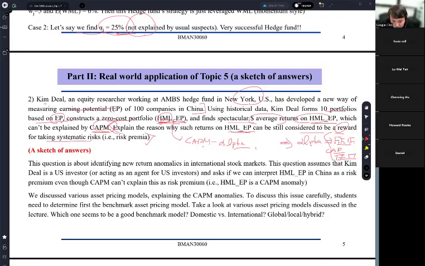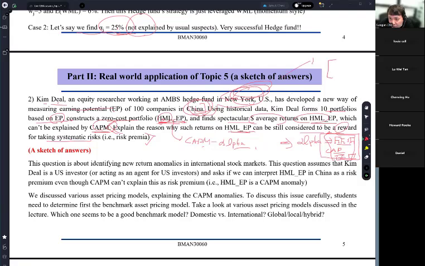Now there is one more problem with this question actually. Kim Deal is a US investor. She's thinking about investing into China. So the right benchmark model shouldn't be a domestic model. Previously I just said domestic model. But here, a US investor is investing in China.